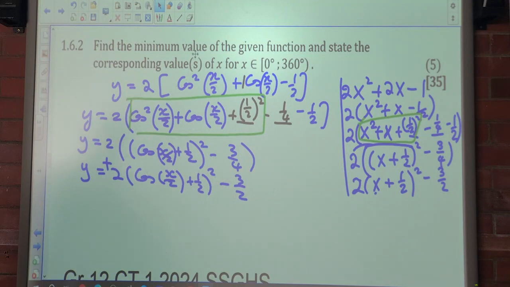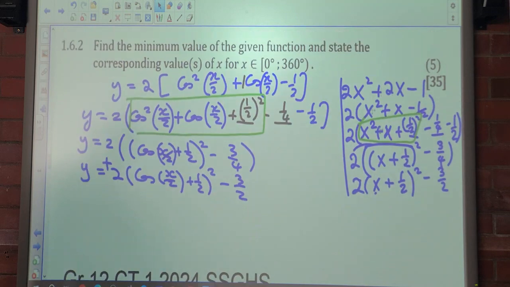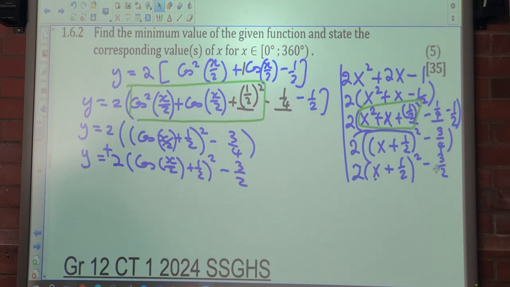We completed the square when it came to this expression here. And on the side we have done it in terms of variables only, without your trig ratios. So the question says find the minimum value of the given function and state the corresponding values of x, where x is from 0 to 360 degrees.